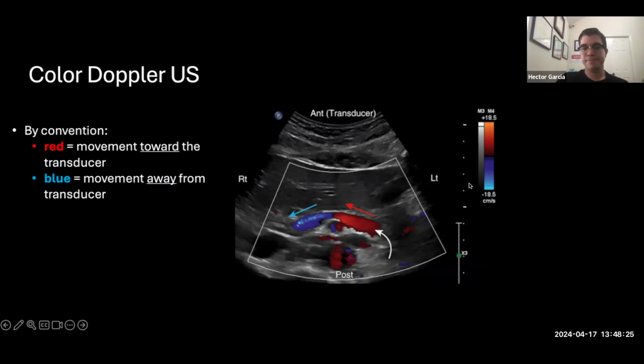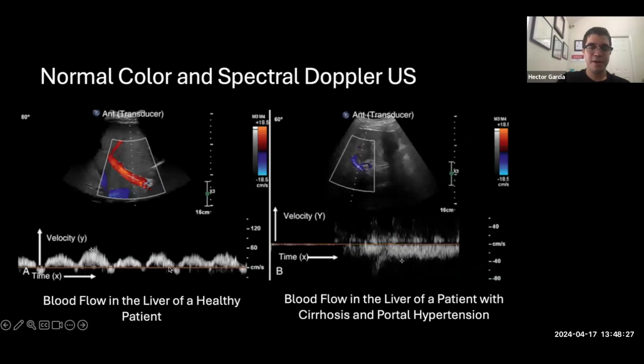That's the blood. Now in this one, this is the color Doppler, and then below we see the spectral, because it's on a spectrum. In the y-axis, we have the velocity. In the x-axis, we have time. And this is what happens in the liver. So the liver is a low resistance area, and blood always flows toward the liver. For example, in this one, we see all red, meaning that the blood is always flowing toward the liver.